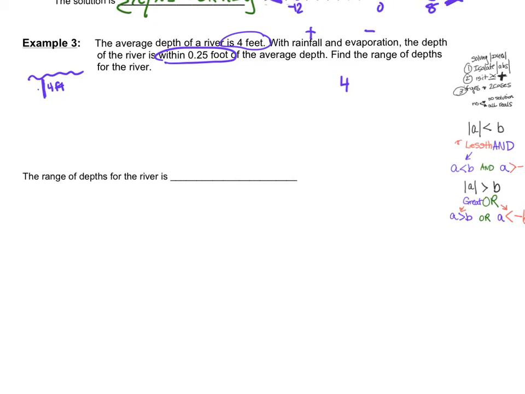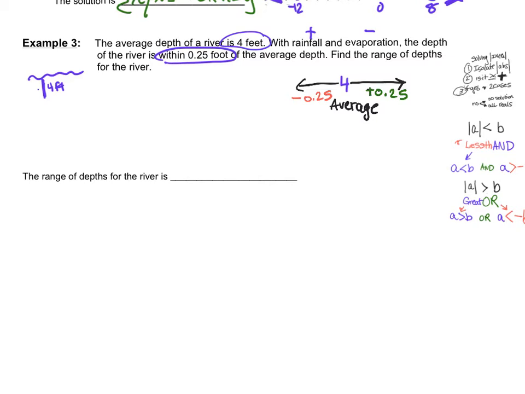Think of it this way: on average, sometimes you could be more or less than the average. The average is 4. If it rains, you're going to add 0.25. If it evaporates, you're going to take away 0.25.